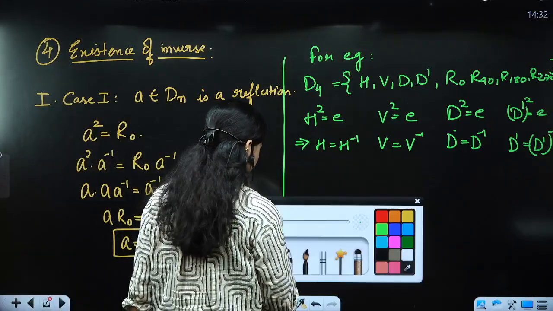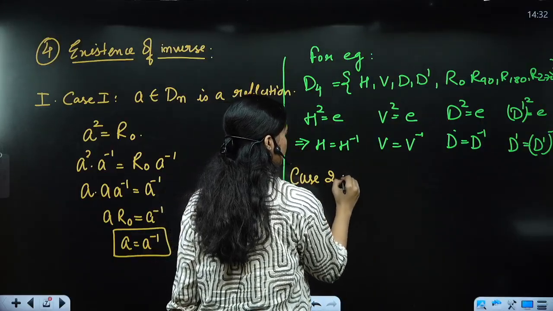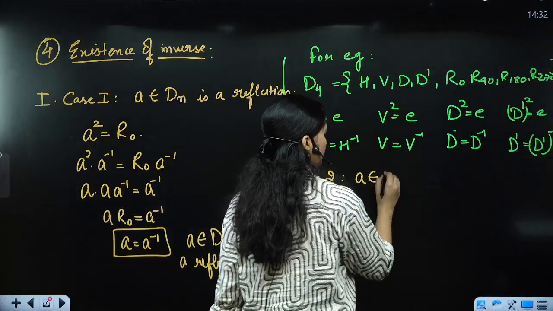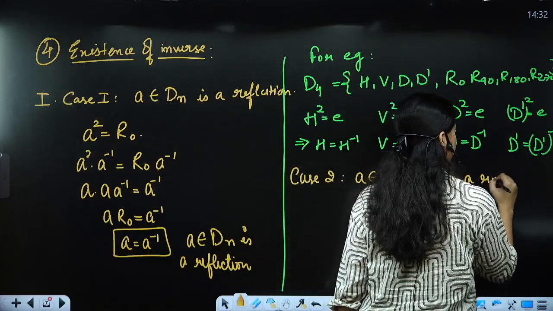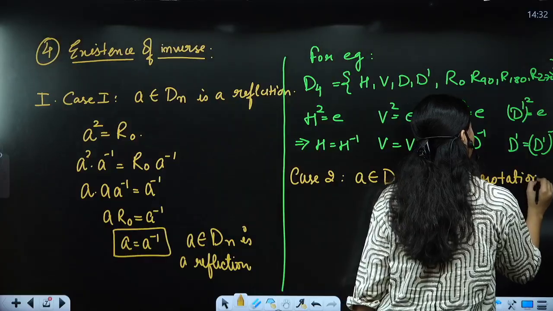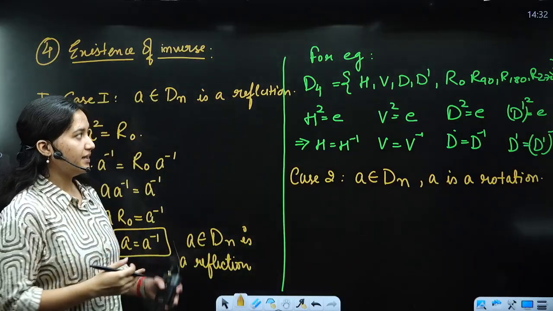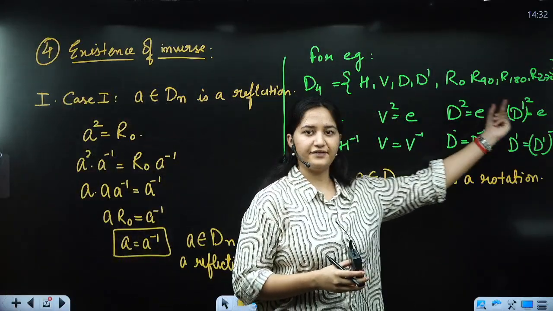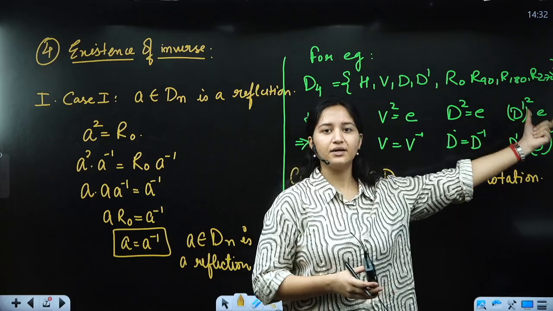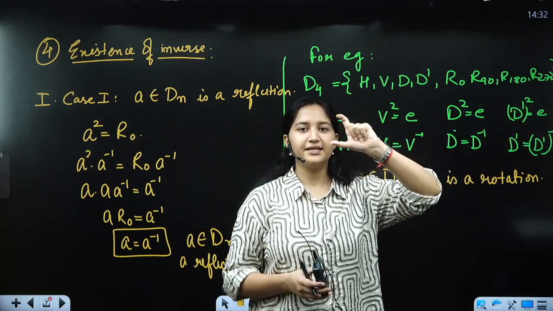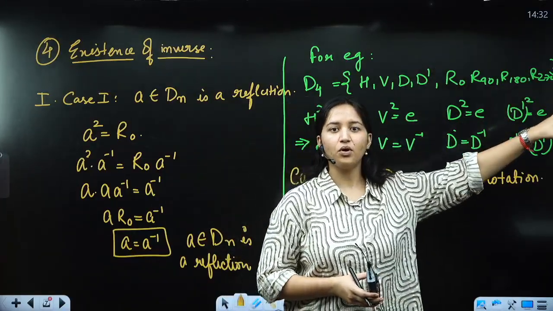Now, if we talk about A belongs to Dn, and A is a rotation. Now, if you just observe the elements of Dn, let's just see the rotations here. What are these? R0, R90, R180 and R270. So if you clearly notice, there is one element, R90, with which you are able to generate all the other rotations.